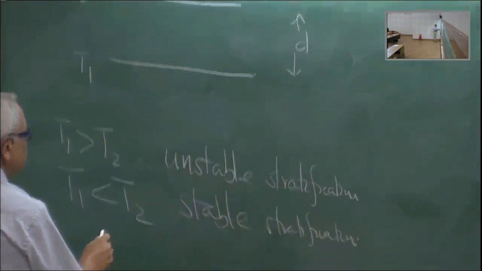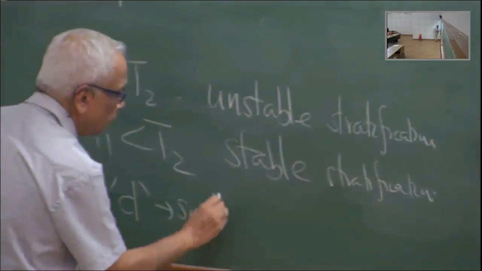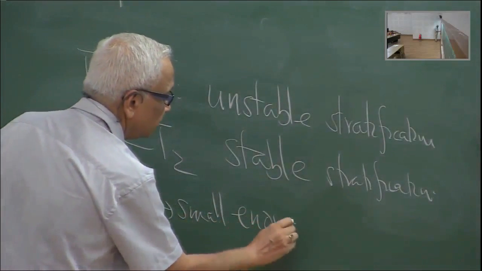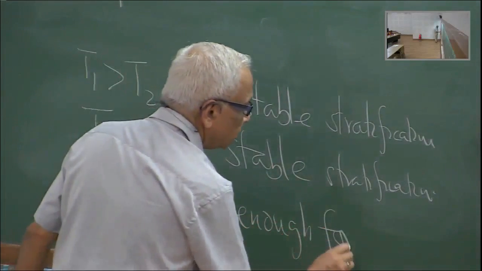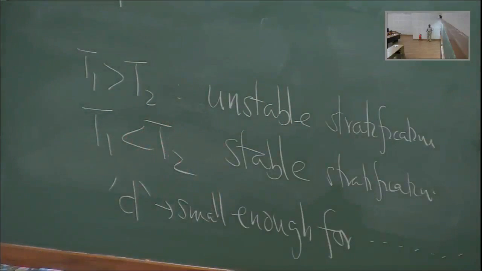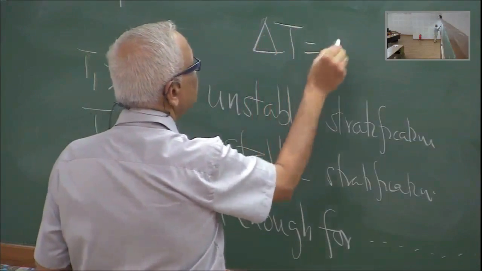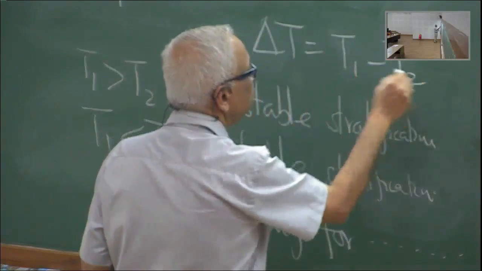Our distance d would be small enough for something, which I'll complete, to my advantage. So this is delta T, and delta T is equal to T1 minus T2.